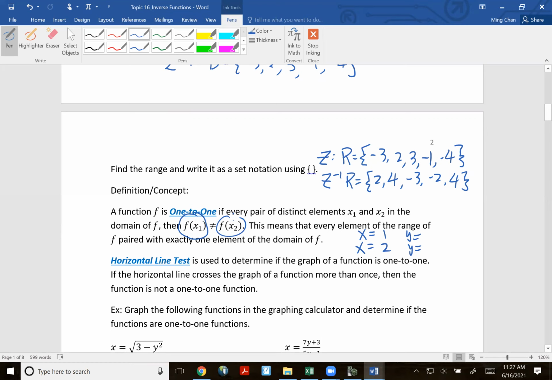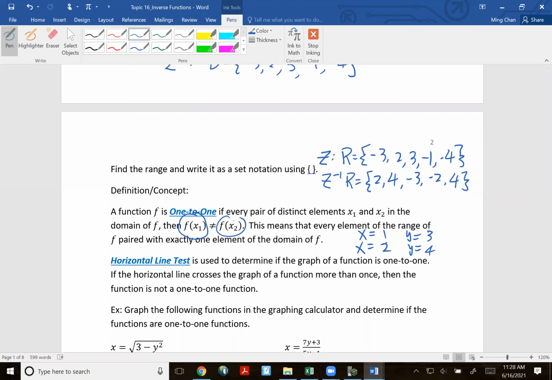All right, this means that every element of the range is paired with exactly one element of the domain, with the x value. So it's very similar to our vertical line test.